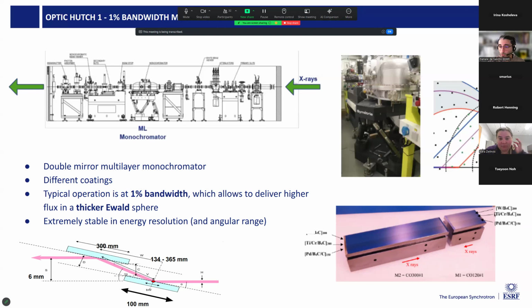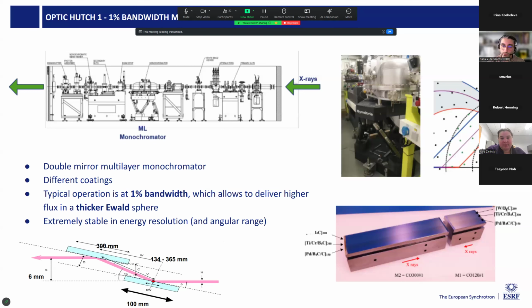The titanium chromium boron carbide coating allows us to decrease the bandwidth to 0.4%, which we defined because, at the time we were designing, it was very close to the spectral bandwidth at many free electron lasers.